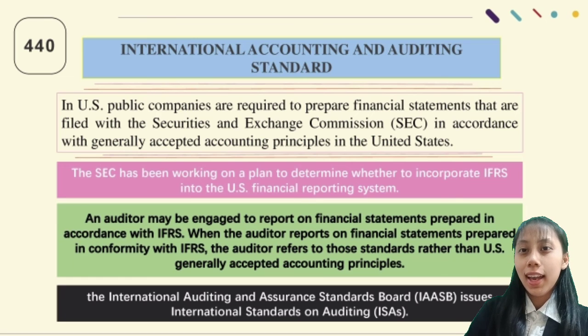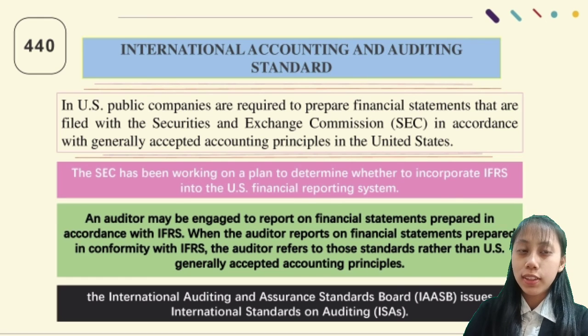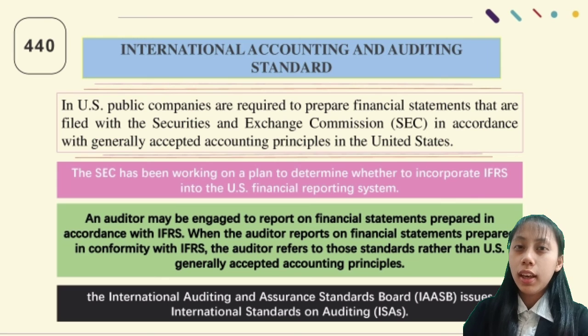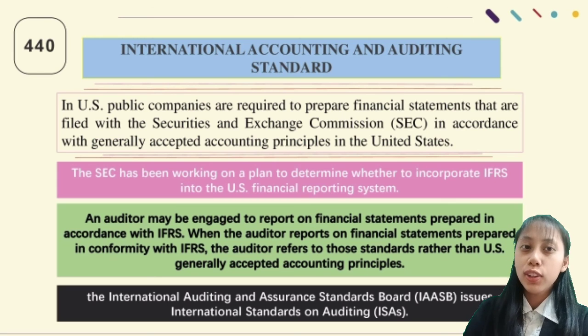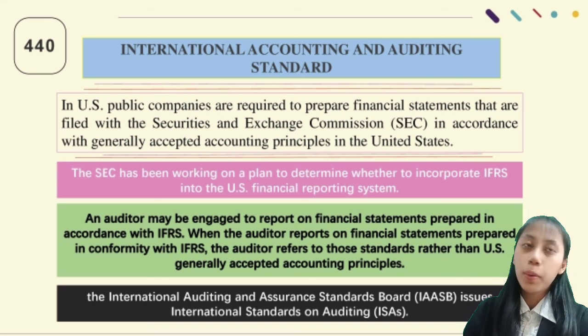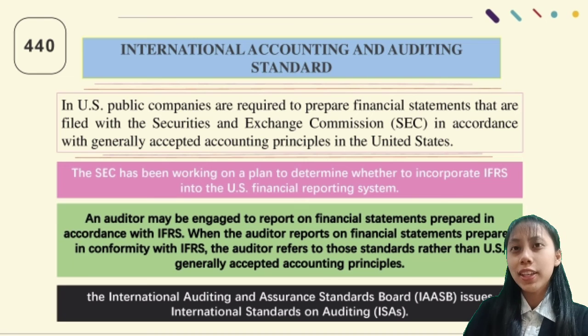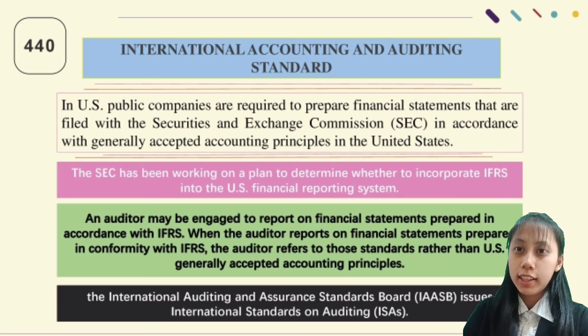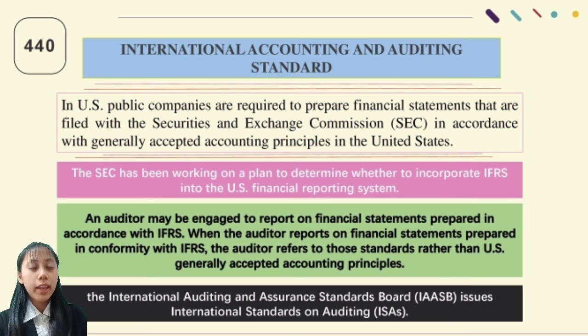The SEC's 2010 to 2015 strategic plan suggested that public companies could begin using IFRS in early 2015, but in the most recent development, the SEC is slowing down in embracing IFRS any time soon. They may engage to report financial statements according to IFRS.